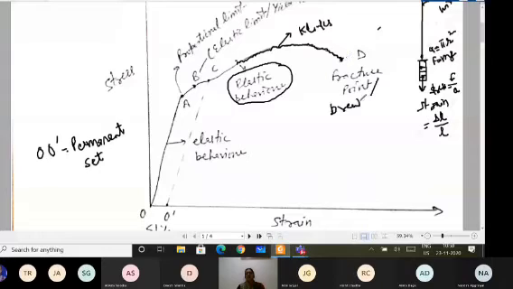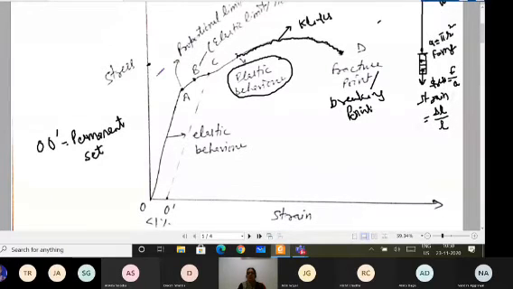And at this point, the stress which is there, that is known as breaking stress. It means if I see the value of the stress corresponding to this point, that stress I will call as the breaking stress. And that means that much weight it can bear, beyond it will break by itself.